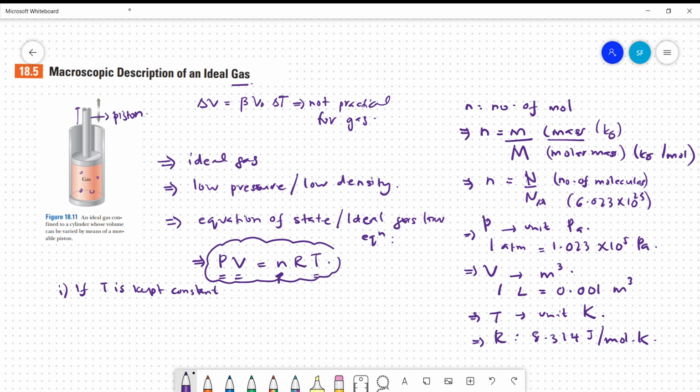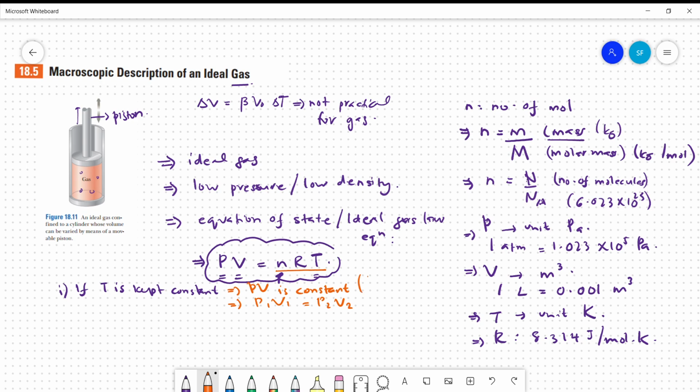The right side of the equation remains constant, since R is constant and T is constant. So PV is constant, and we have P1 V1 equals P2 V2.